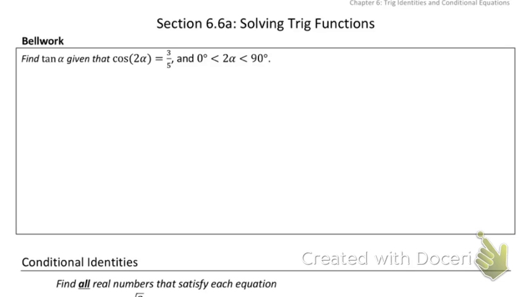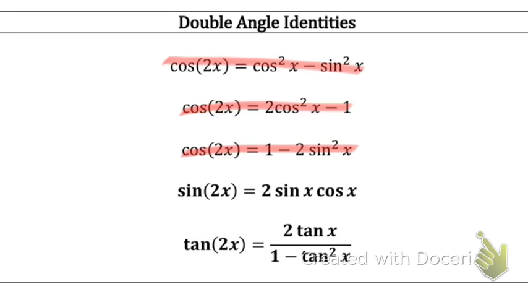So let's go back to this. I'm going to use the fact that I can rewrite cosine of 2 alpha using my identities as 2 cosine squared alpha minus 1. Or you could have done the one with sine in it, and you would come up with the exact same answer.